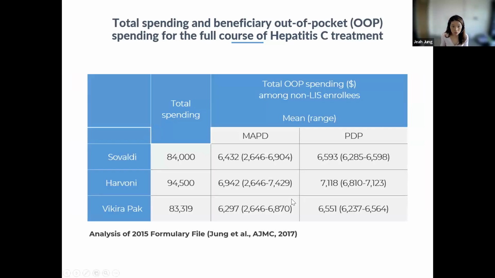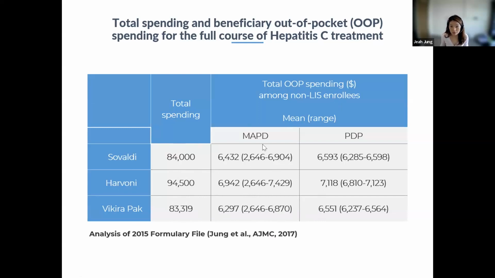Now, this is total out-of-pocket spending required for the course of treatment. You can see it's pretty similar. As I said, the prices were pretty similar across the drugs, about $84,000 or $90,000, and total out-of-pocket spending needed for non-LIS enrollees was about $6,000.